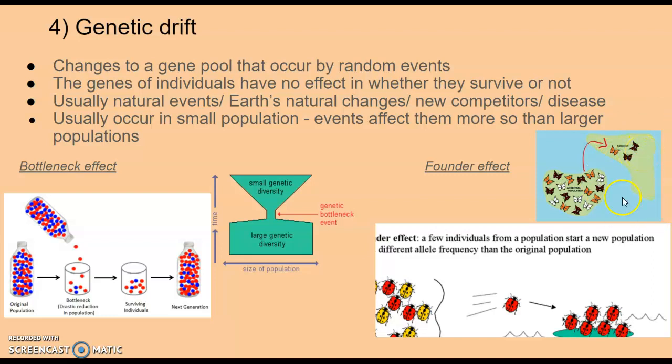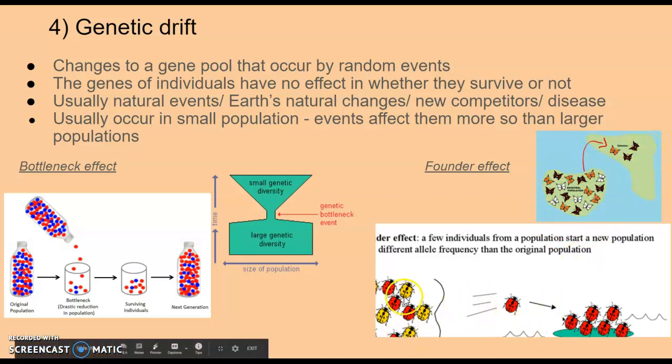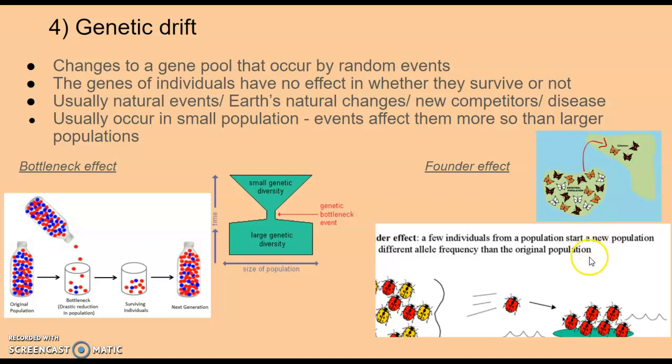Why? Because there's no white butterflies over here, right? So this population has more variety than this population will. Same thing with this example. On this part, I have red and yellow bugs, and if I just happen to have a couple red bugs go over, it now has a different set of variation. So these are things that are changing the gene pool that are not influenced by their genes, they're just random events.